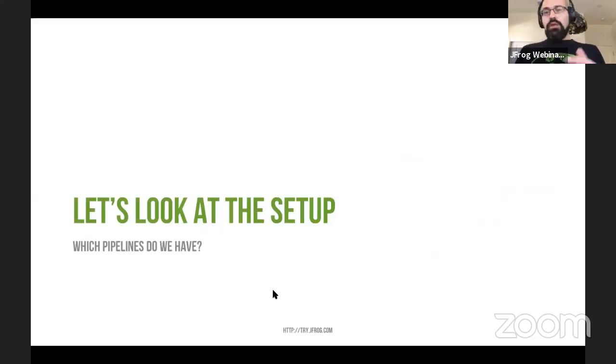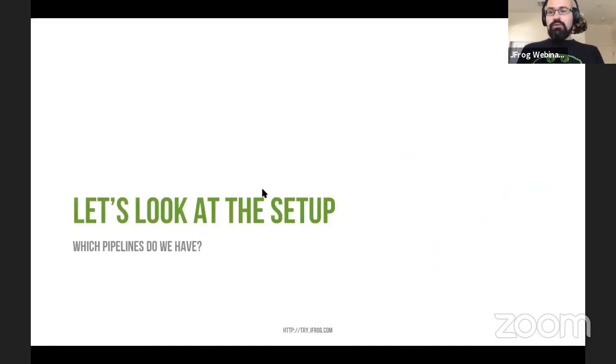Before we continue, if you are joining now, you need to go to try.jfrog.com and then spin up your environment, just to show you how it looks. You will get to this page after you log in or create a new account, and you will have a button to start a new trial. You will click on this button.